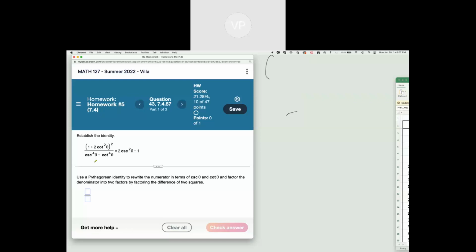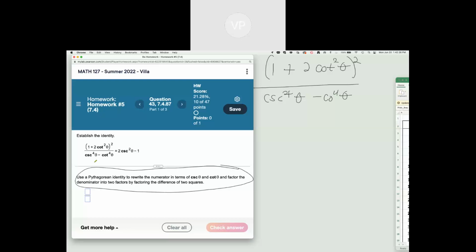Okay, let's just look and see what we have here. 1 plus 2 cotangent square theta, squared, all over cosecant fourth theta minus cotangent fourth theta. Okay, now, like I said, sometimes in reading this, I confuse myself because I already think I knew how to do this, but now that got me thinking about something else.